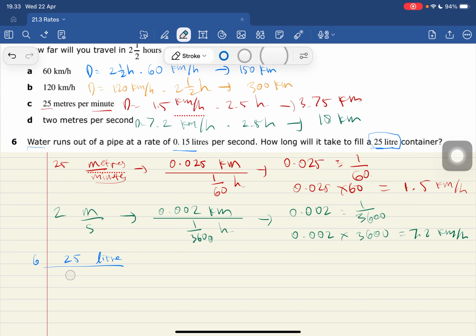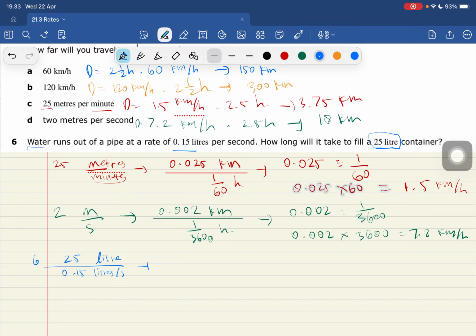So you got 25 divided by 0.15. So it's gonna be 166.67 seconds. Or if you would like to change it into minutes, just divide it by 60. It's gonna be 2.78 minutes.